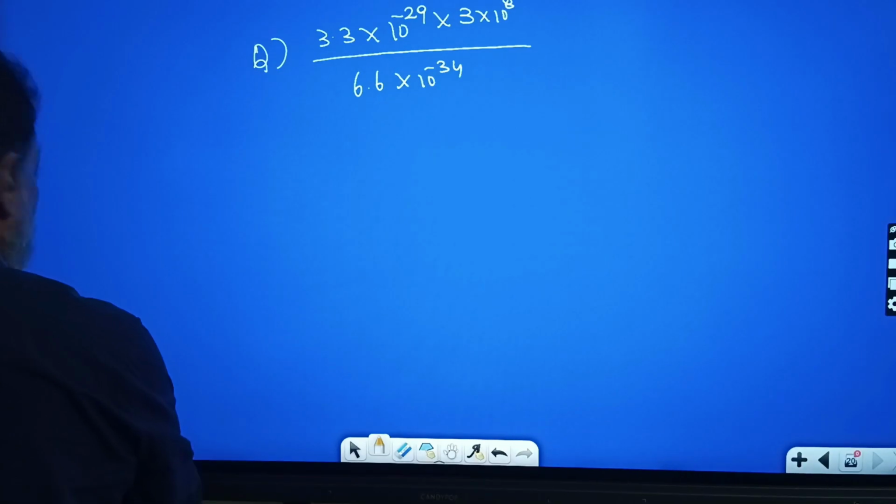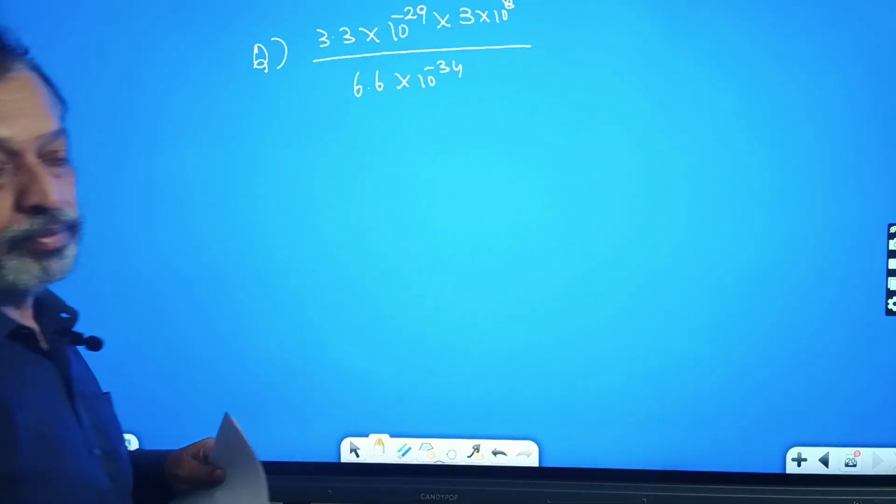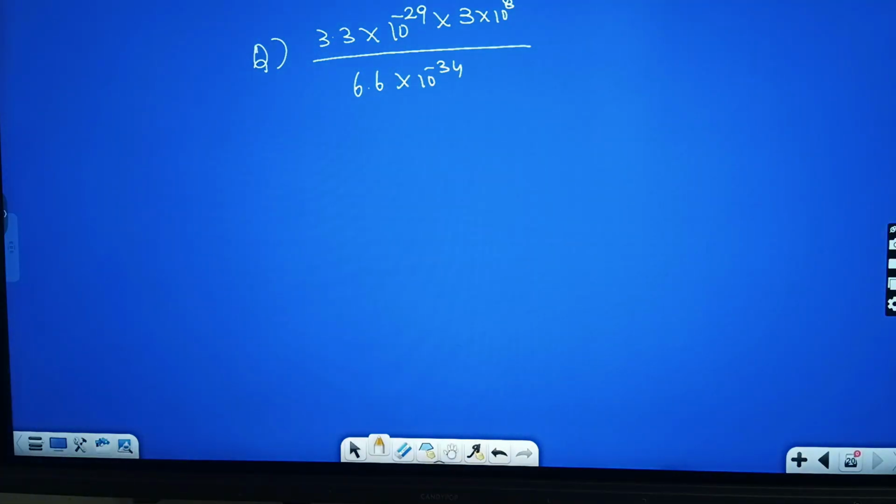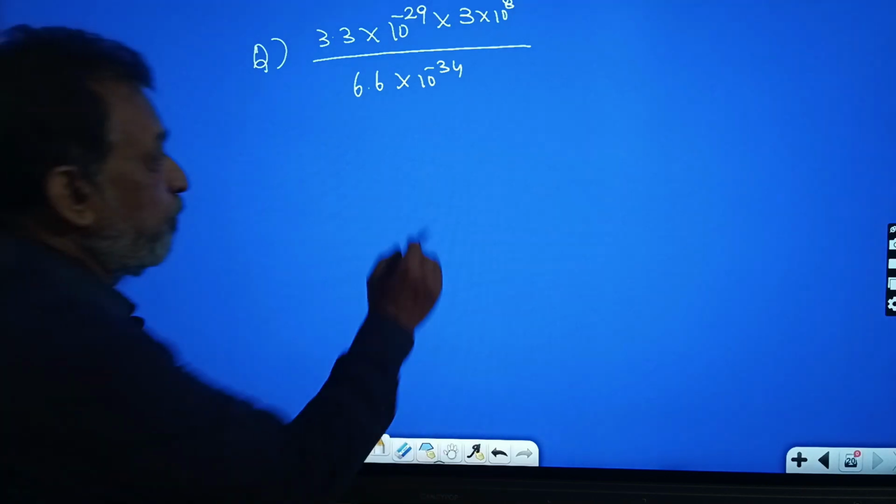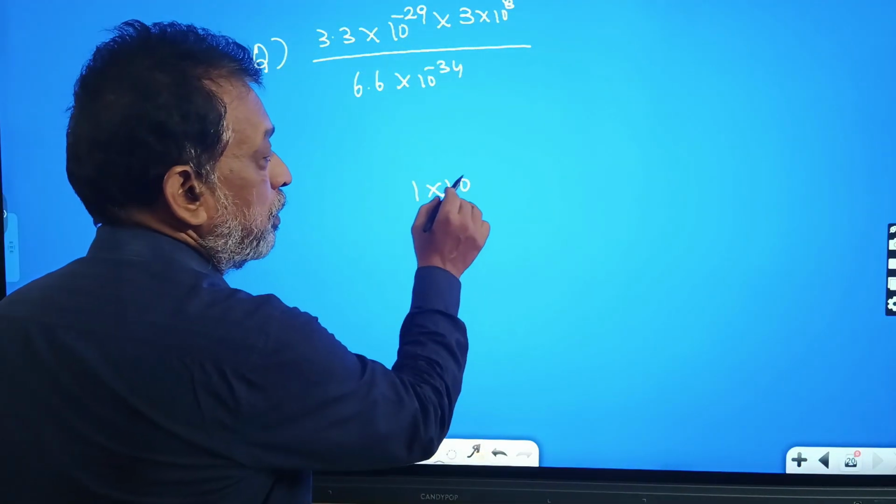All of you copy the value, then you can tell the answer. One point five into 10 to the power of 30. 1.5 into 10 to the power of 30.